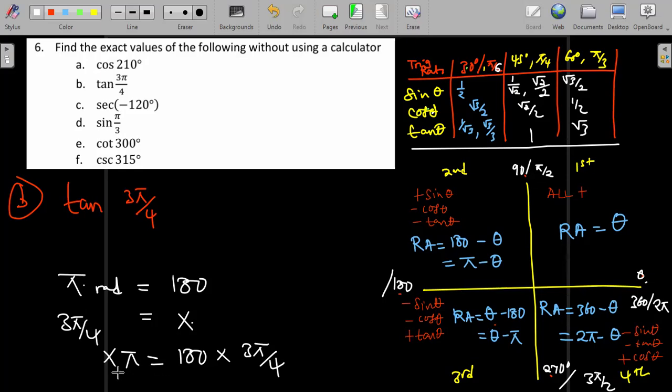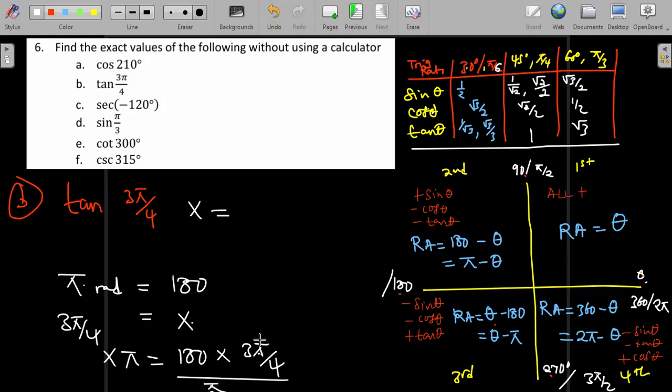Okay, and then now I divide everything by this pi here, to find my x. So x is equal to, if I divide this side by pi, to just be x, and if I divide this side by pi, then that pi will cancel out this pi because it will be somewhere down here.